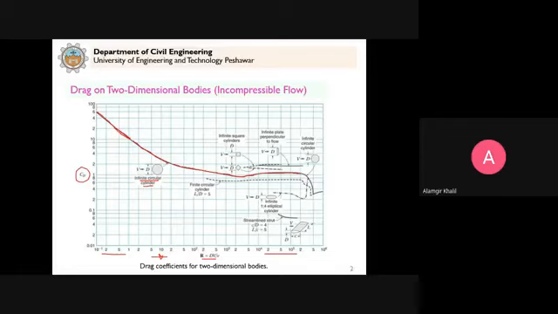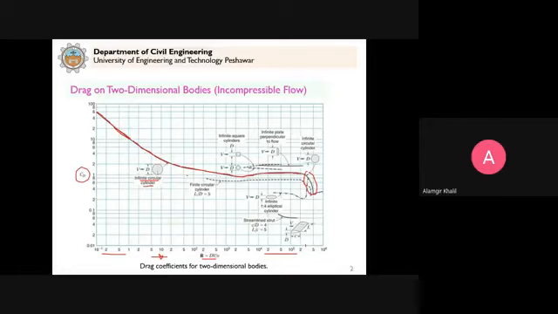Then above 250,000, there is a sharp drop in the drag coefficient. Just like we saw for a sphere, this is due to the change in boundary layer from laminar to turbulent.